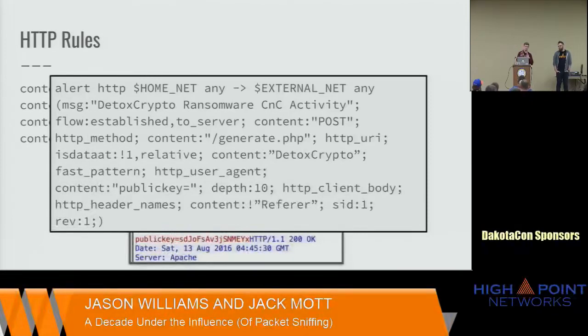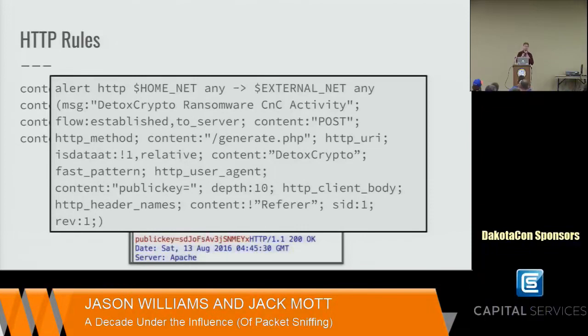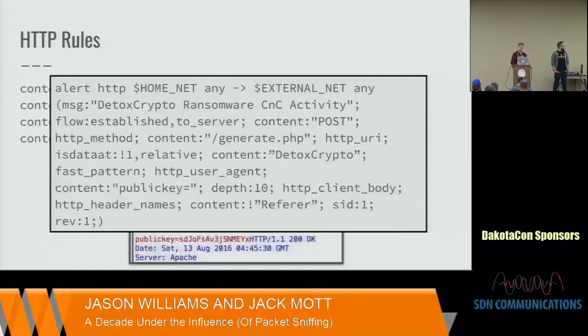We could say content bang Mozilla, and that would basically tell the engine to not inspect any packets containing a user agent with Mozilla. As for wildcarding, no, but we have PCRE, so you could put a regex in your rule. The only downside with regex is it's really inefficient. It's going to make the engine work really, really hard, especially if it's a loose regex or you don't have a super strong other content match. But yeah, you could wildcard in that capacity.